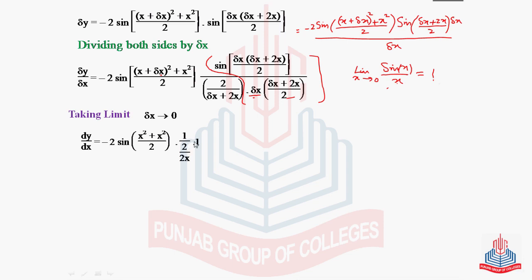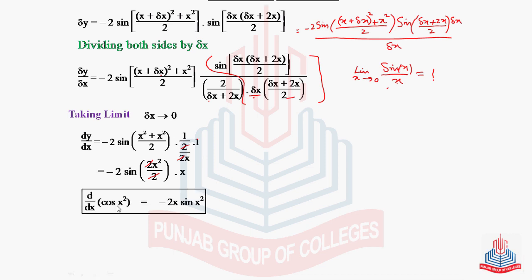We have only this 2x, and this whole thing will become 1. So the next step is minus 2 sine of 2x square divided by 2. This 2 will be cancelled out, and this 2 will be cancelled out. We have only here 1 over x, so that will become x. So derivative of cos x square will be minus 2x sine x square.